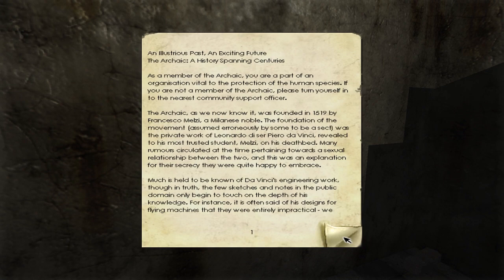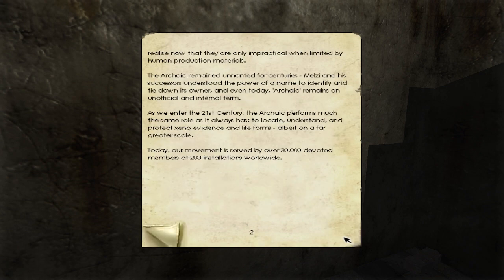Much is held to be known of Da Vinci's engineering work, though in truth, a few sketches and notes in the public domain only begin to touch the depth of his knowledge. For instance, it is often said that his designs for flying machines were entirely impractical. We realize now they're only impractical when limited by human production materials. The Archaic remained unnamed for centuries.